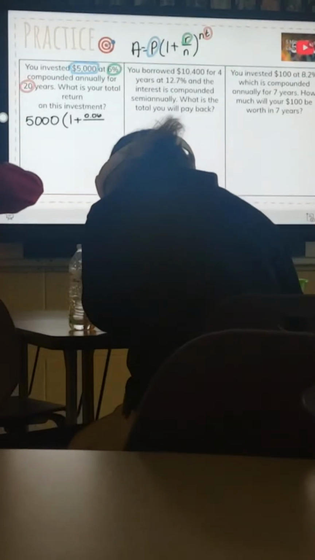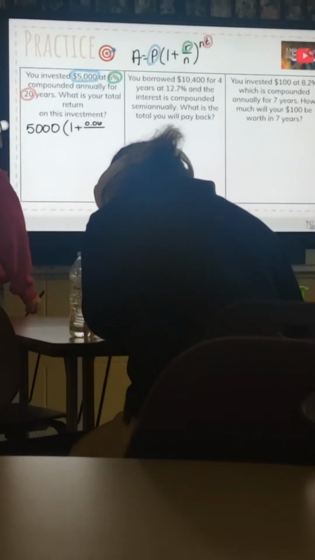The number that goes on the bottom is one of those key words that we saw on the left-hand side, like quarterly and monthly and daily and semi-annually and annually. Which one do we see? Do we see monthly? Because I see a different word in this scenario. I invest $5,000 at 6% compounded annually.